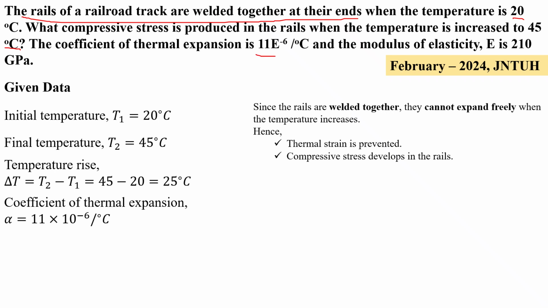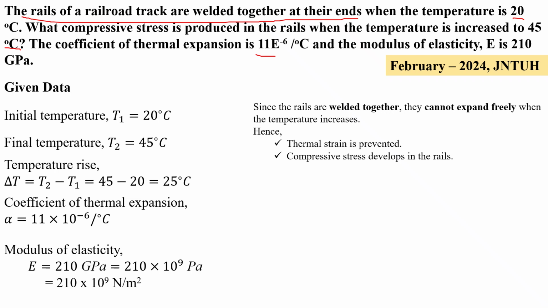and the modulus of elasticity E equal to 210 gigapascal, which is equal to 210 into 10 to the power 9 newton per meter square. So we have to determine the compressive stress.